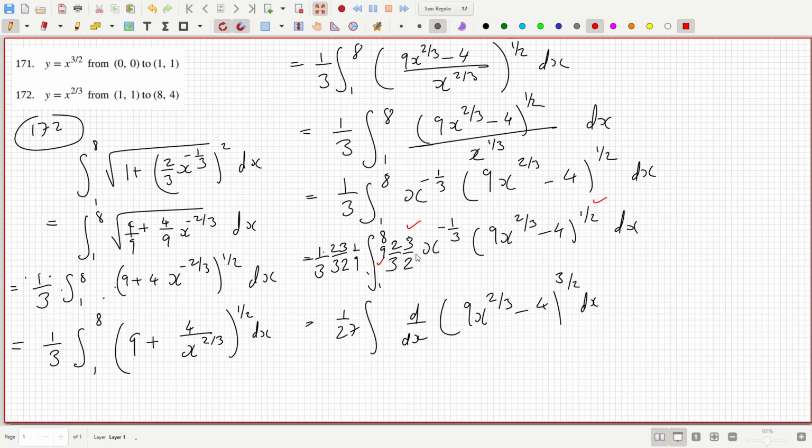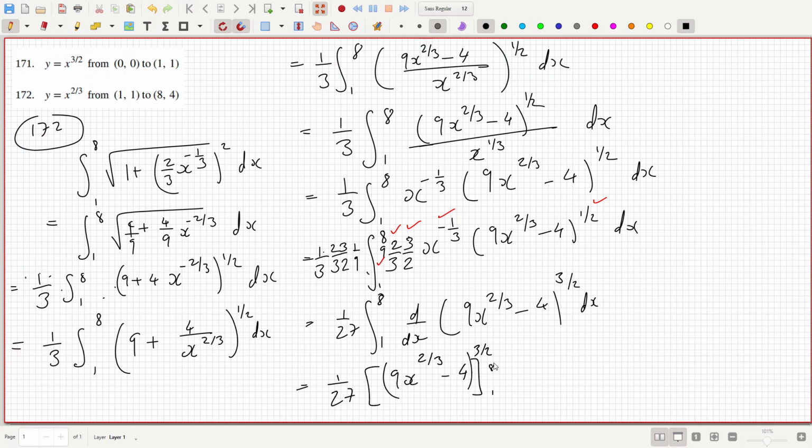And then bring down the power, 2/3, and then reduce the power by 1. So this whole thing here is the derivative of that. So it should be 1/27, 9x to the power 2/3 minus 4, to the power 3/2.